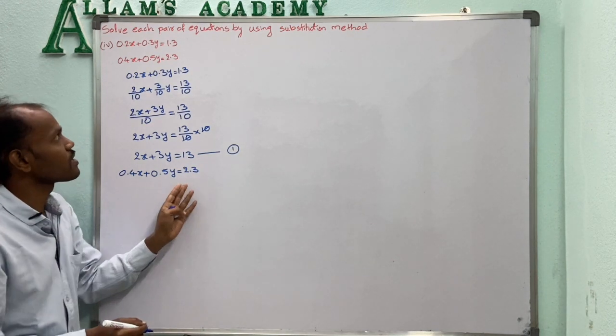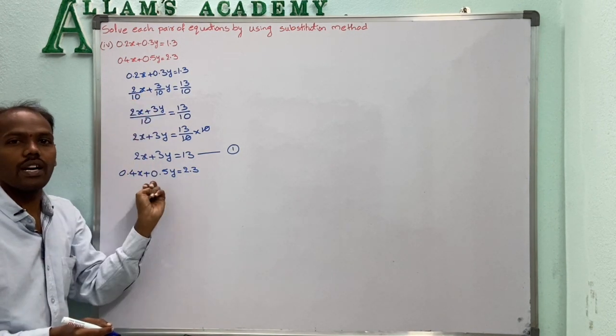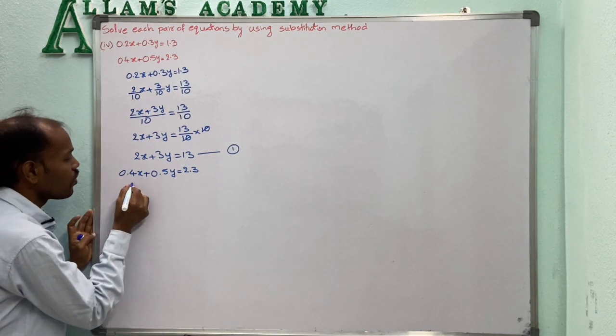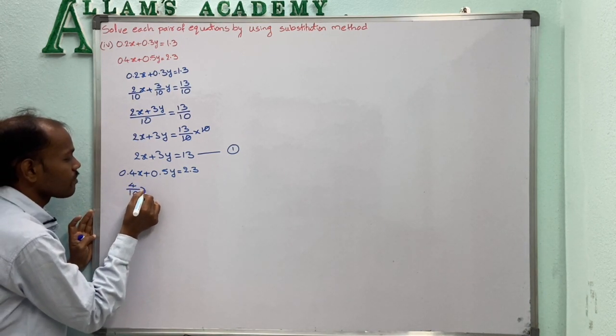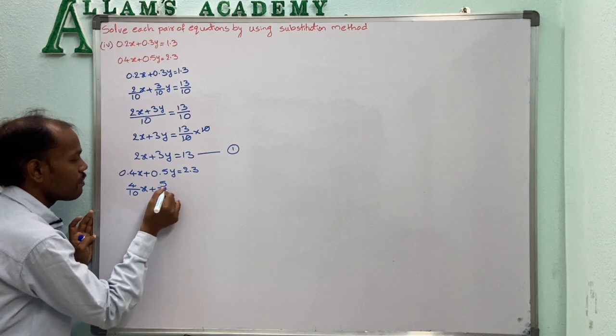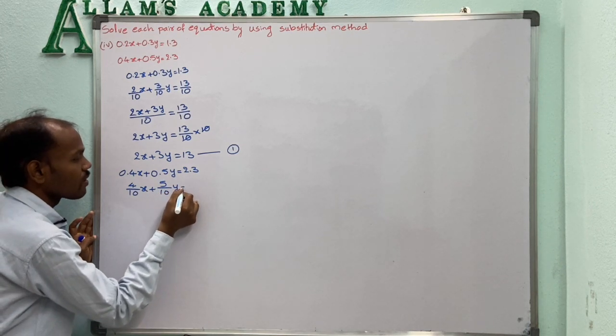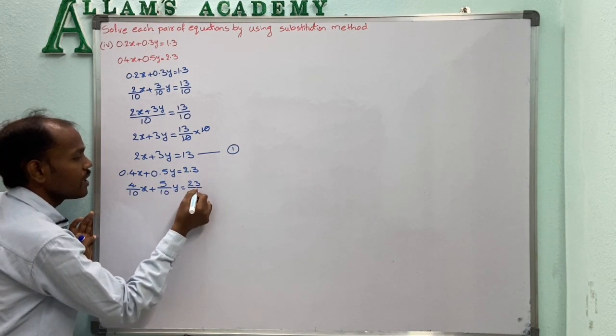So this one also, similarly, before the equation model only we wrote 4 by 10x plus 5 by 10y equal to 23 by 10.